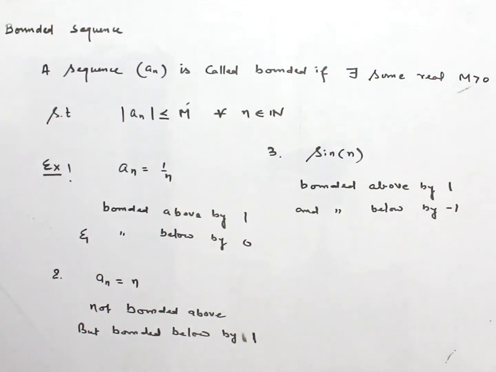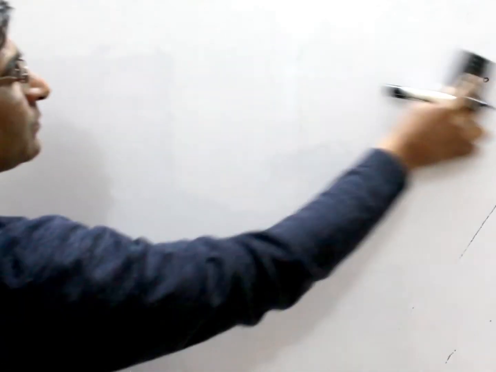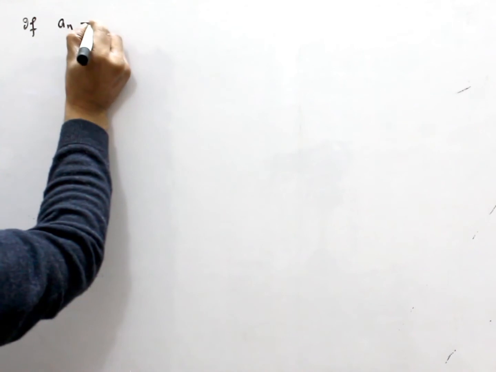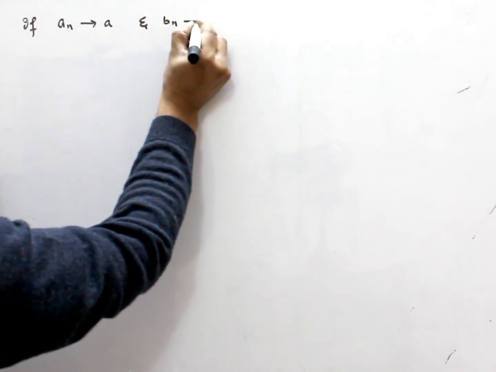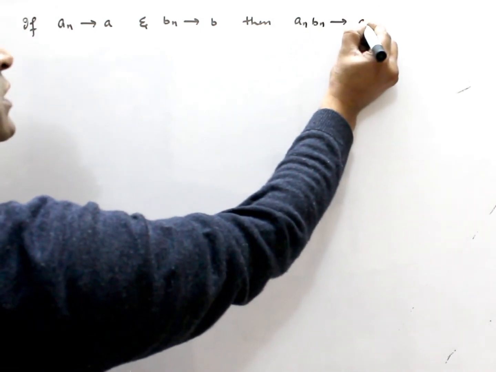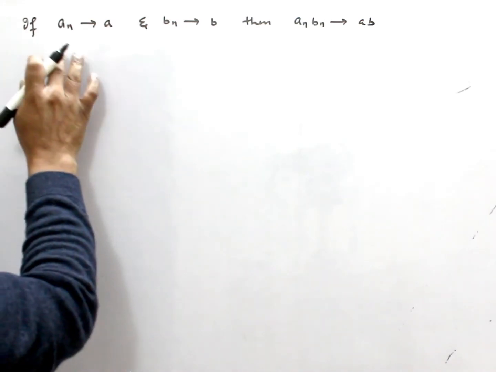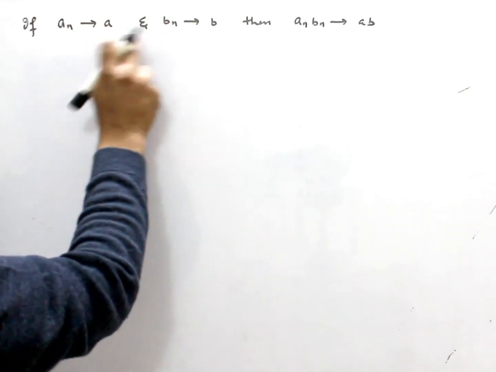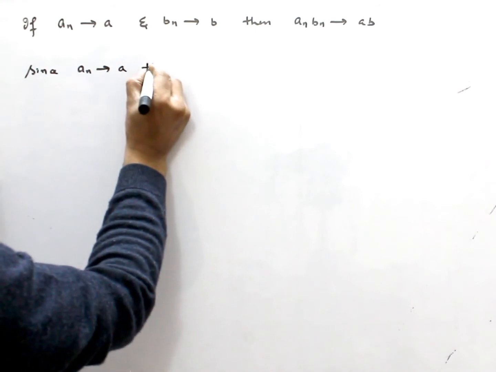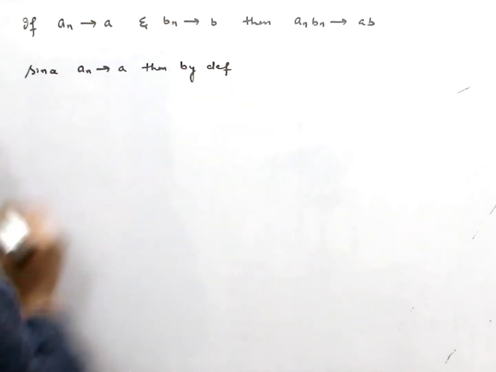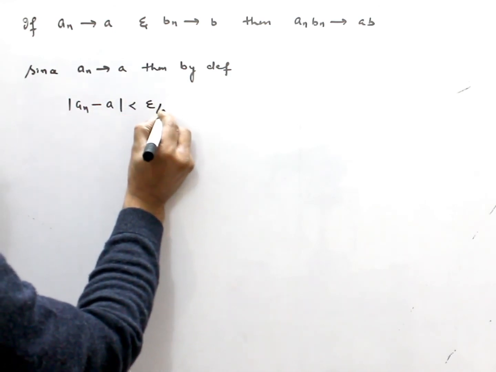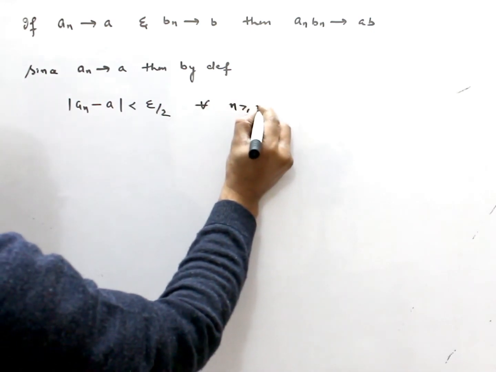Now we prove another result: if a_n converges to A and b_n converges to B, then the product a_n b_n converges to the product of A and B. Since these two things are given, since a_n converges to A, by definition |a_n - A| is less than epsilon by 2 for all n greater than m1.